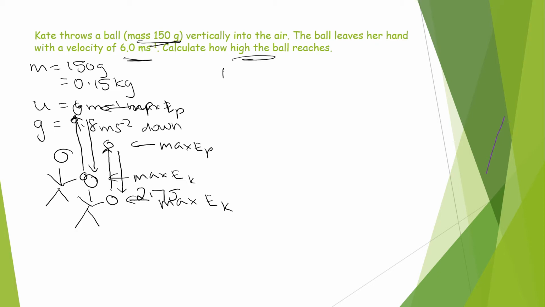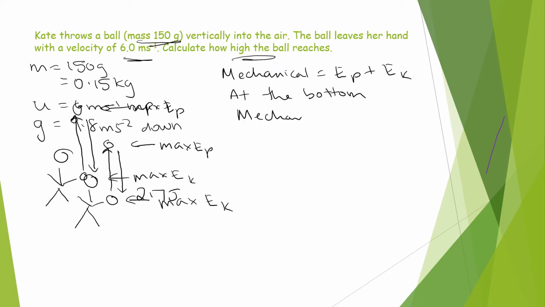Now, remember, mechanical energy is equal to potential energy plus kinetic energy. So at the bottom, potential energy is pretty much zero, so the mechanical energy will be equal to the kinetic energy.